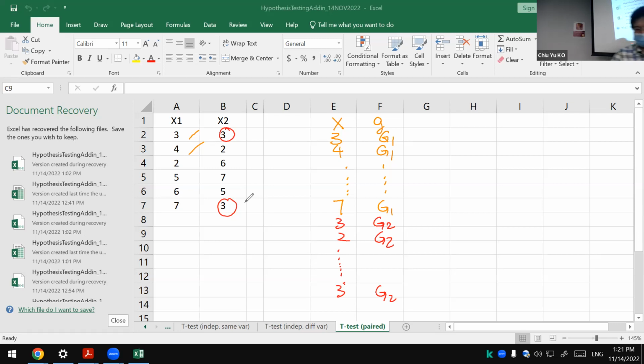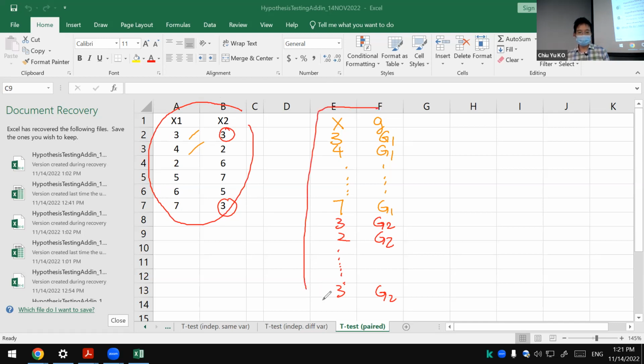Very rarely do you have a very nice form for you. Usually this is the format that you get from the data set. Actually, there's a name for it. Usually I don't talk about that, but this is called a long format, and the other is called wide format.